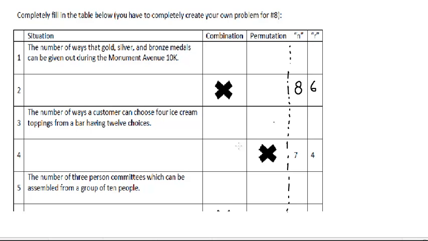What we're going to talk about first is the general notion of the procedure. The first thing we're going to look at is whether it's a combination or a permutation. And the way that we figure this out is we think, does order matter?